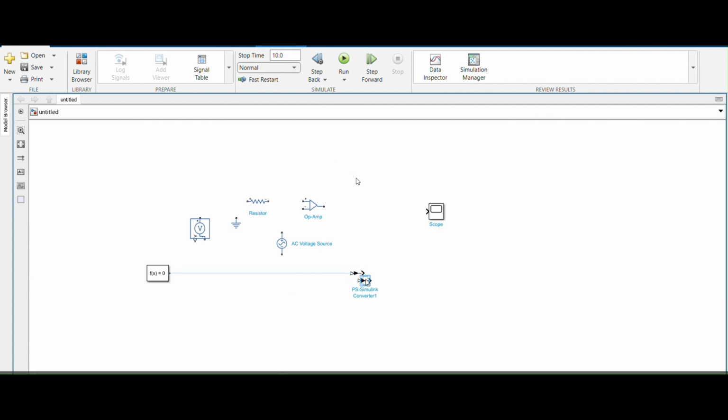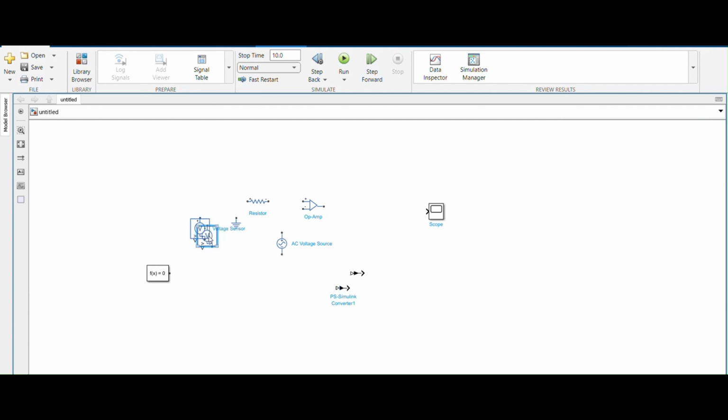Now I have arranged all the equipment in their places. Then we will give the connections. We also need two voltage sensors, one for input and one for output, to see the output. Ground is also needed.